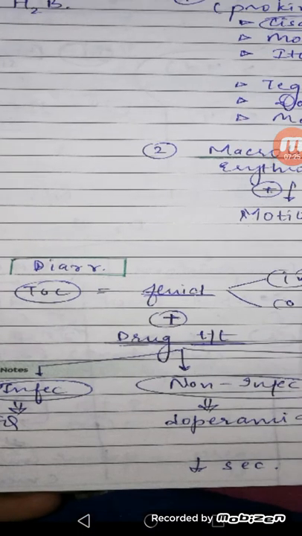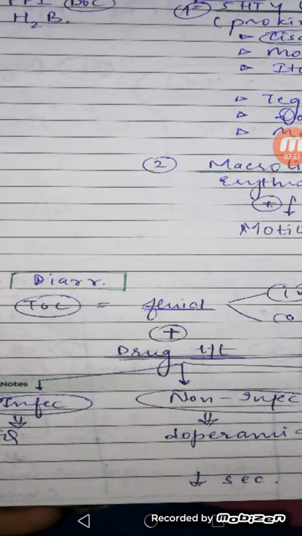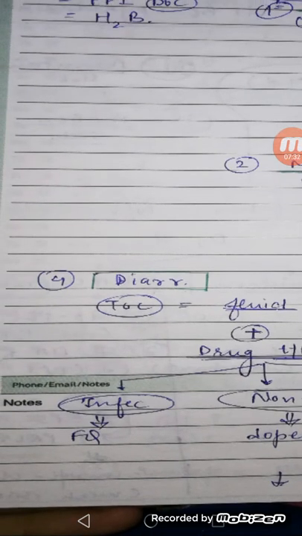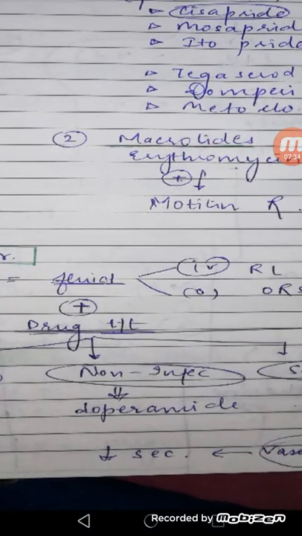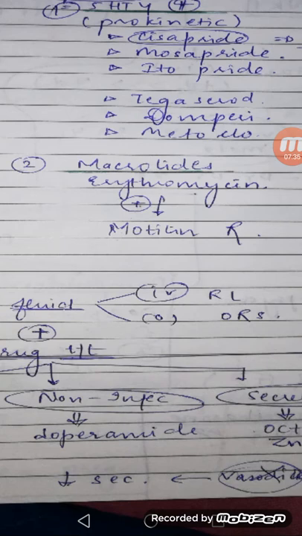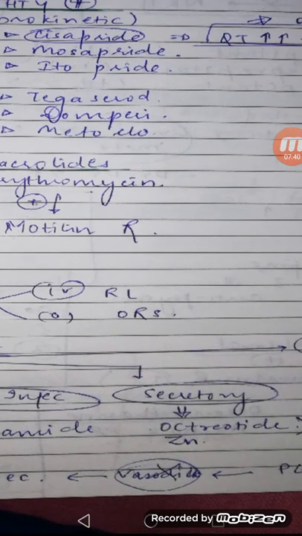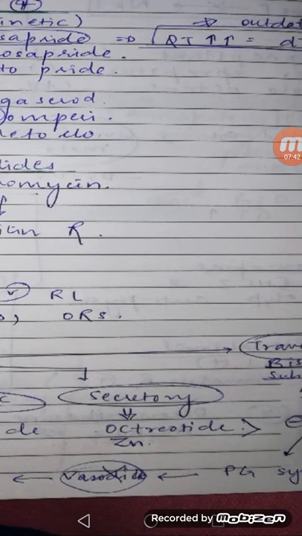Now coming to drug treatment. If it is infective etiology, we can give fluoroquinolones like norfloxacin. If it is non-infective, we give loperamide. If it is secretory diarrhea, we can give octreotide more than zinc. Zinc, especially in children.